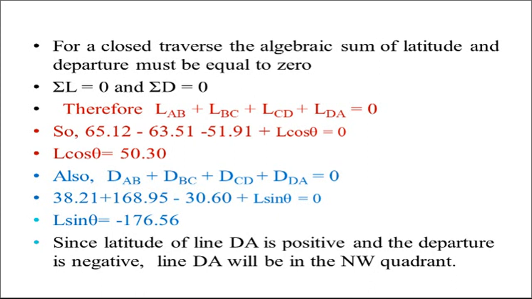Substituting the values, 38.21 plus 168.95 minus 30.60, since departure of CD is negative, plus departure of line DA, L sin theta, is equal to 0, and hence L sin theta is equal to minus 176.56. Now here latitude of line DA is positive and the departure is negative, which means the line will fall in the fourth quadrant, that is the NW quadrant.